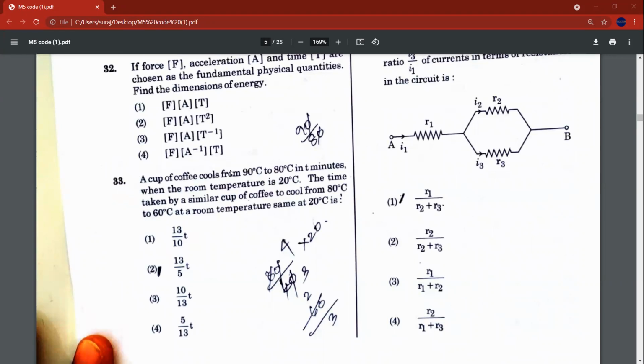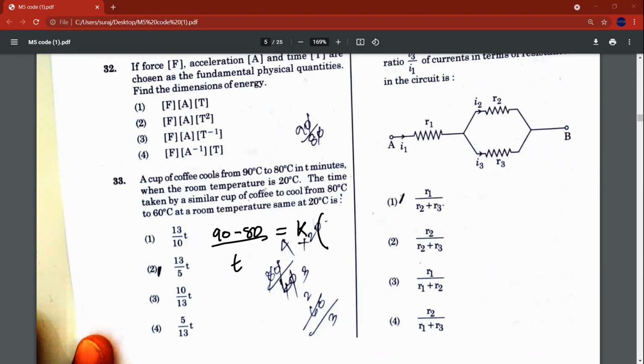Yes, Newton's law of cooling based questions. Coffee cools from 90 to 80, that means higher temperature 90 to 80, divided by time, equal to K times temperature of the object minus temperature of the surrounding.